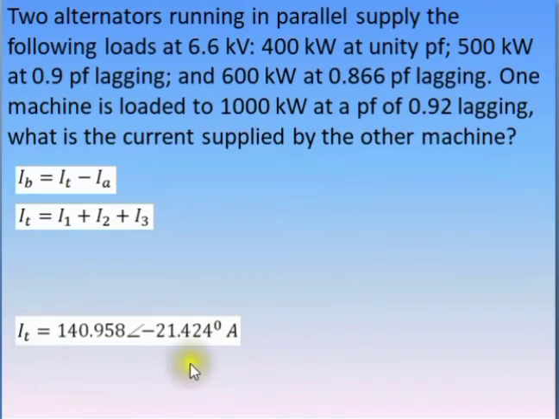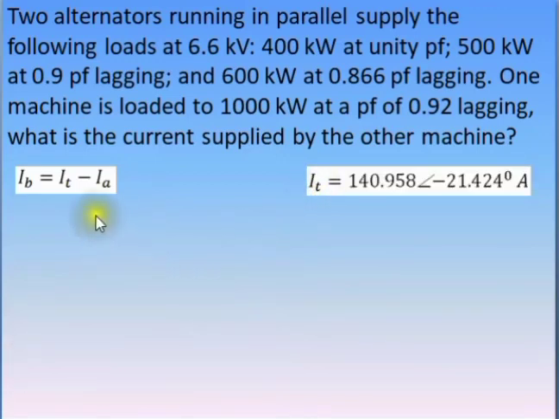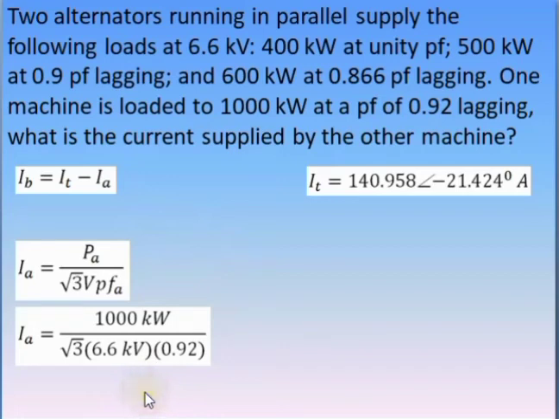At ngayon nakuha na po natin yung total current, therefore yung current IA naman ang kukunin natin. I-substitute lang po natin sa na-derive na formula na ito. We have 1,000 kilowatts divided by square root of 3, 6.6 kilovolts, 0.92 na power factor, that is 95.084 amperes.